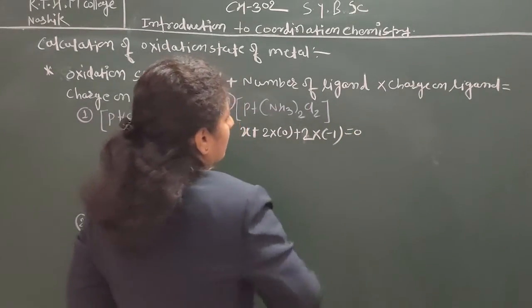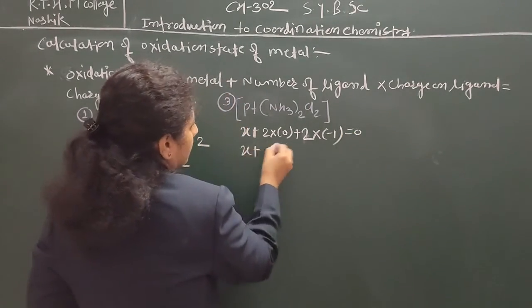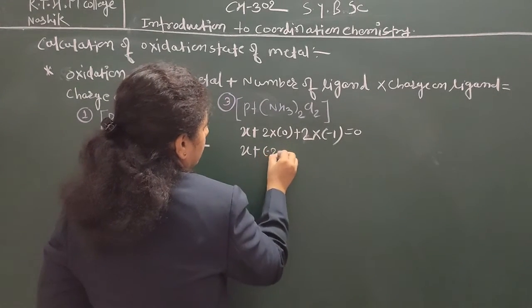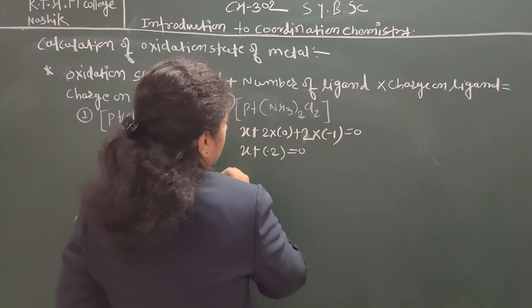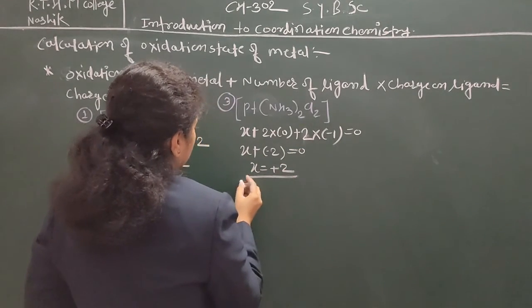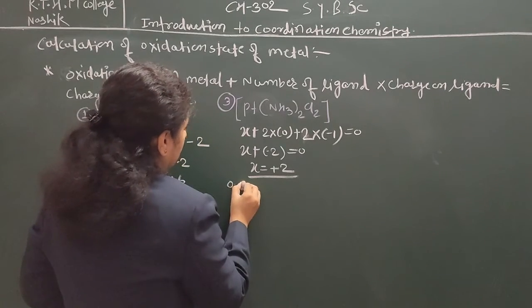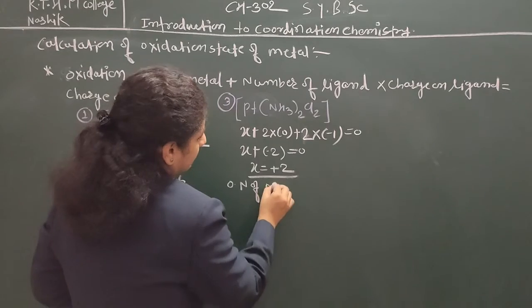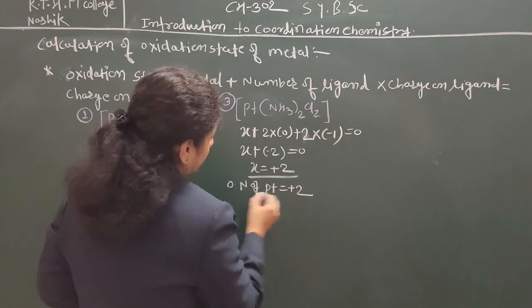There is no charge on the complex, so 0. X plus minus 2 is equal to 0. X is equal to plus 2. So the oxidation state of platinum here is plus 2 again.